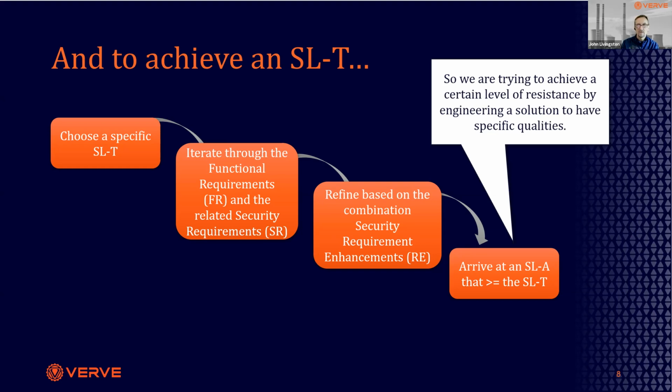So am I going to patch them? Am I going to ensure anti-malware is deployed, application whitelisting, ensure I've got application firewalls, et cetera. And then I'm going to refine that based on sub requirements, security requirement enhancements, they're called. And then finally, once we put those in place, we can arrive at an actual security level.